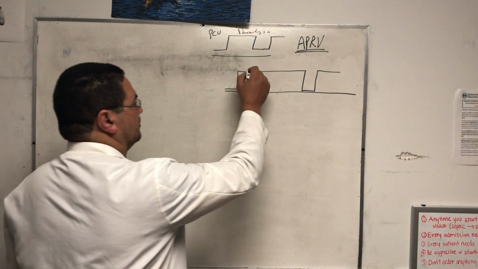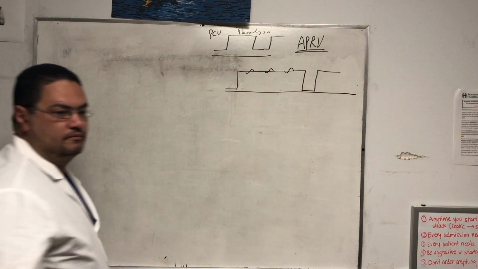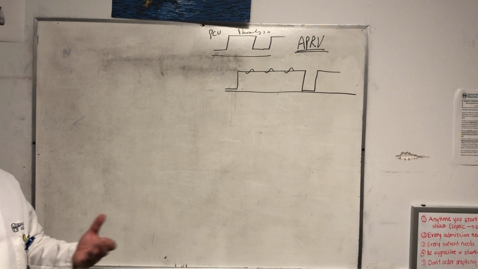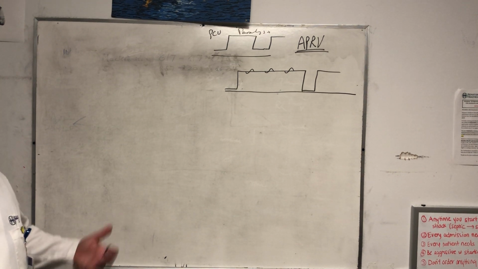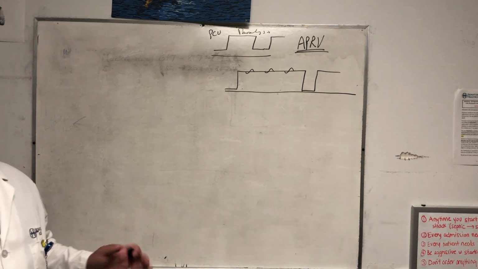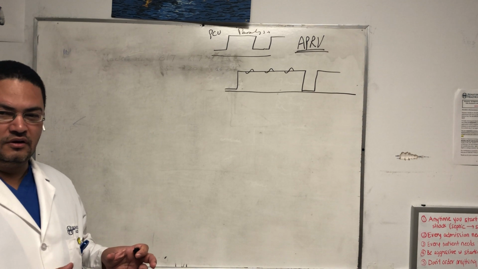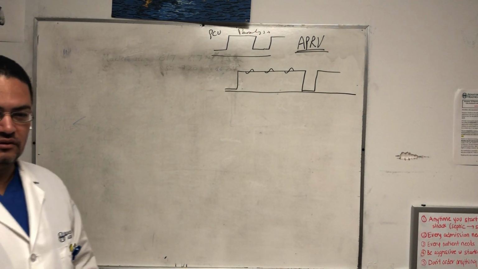Because here you're allowed to breathe. If you want to breathe, the machine can open the valve for you and you can breathe normally. It's actually less sedation required than volume control and pressure control, because the patient can breathe whenever they want.